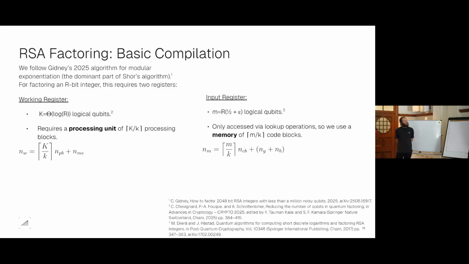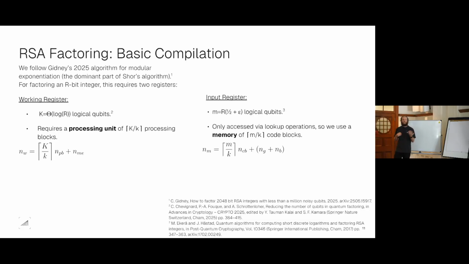So we're going to realize this working register by a processing unit with capital K, where K is the number of logical qubits in the working register, over lowercase k, the logical qubits per processing block. Enough processing blocks in the processing unit that we're able to realize all logical qubits. Importantly, the working register, using this prime number residue system arithmetic idea that was implemented by Chevignon et al. in that reference, only requires order log of r logical qubits in the working register.